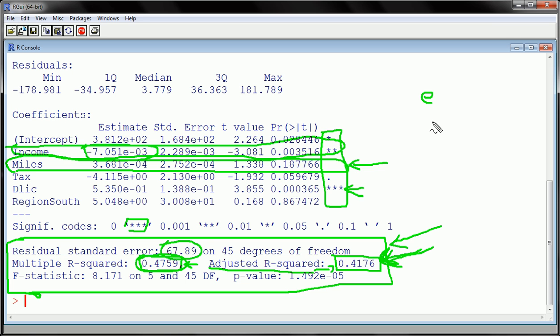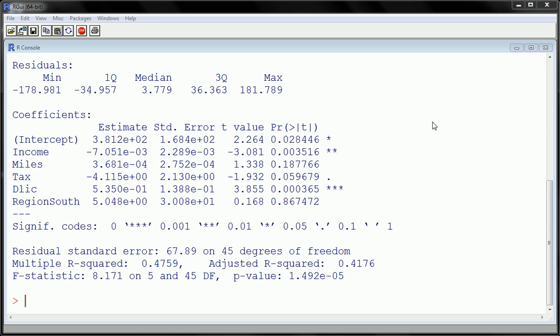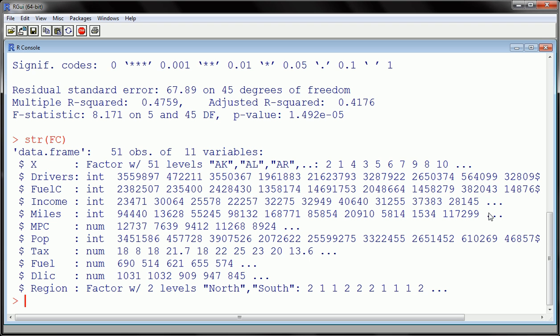Let me just cheat a little and look at my data one more time. I like to remember what my data was about and how it was recorded. Let's say there is some kind of civic discussion on reducing fuel consumption.